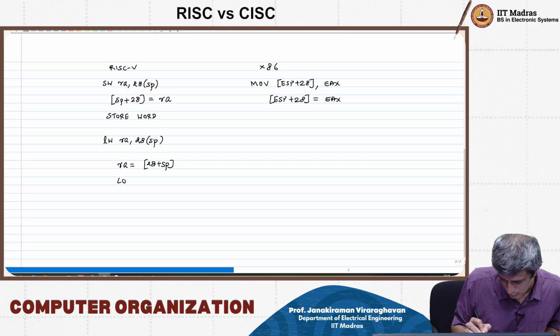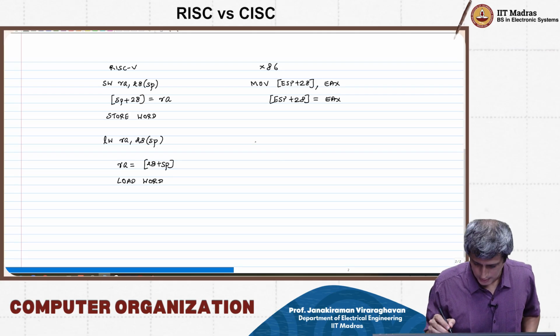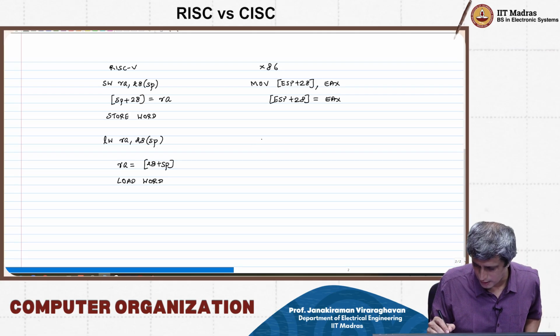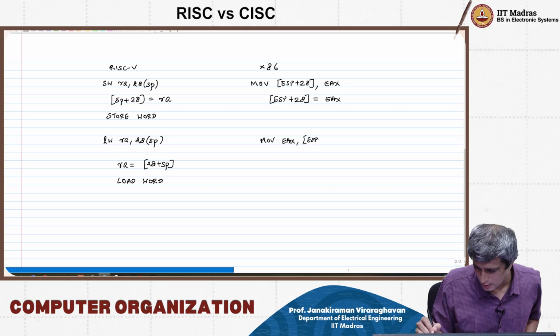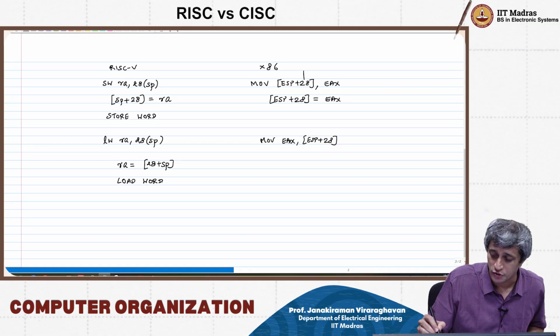So this is a load word. We would have done the same thing in x86 by just swapping these arguments, eax, comma, esp plus 28.